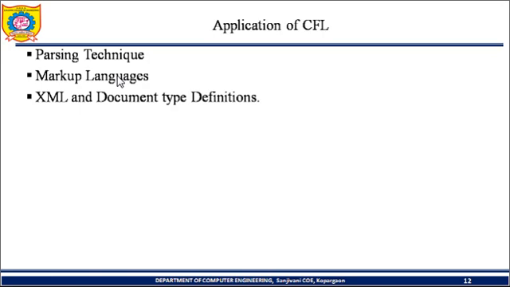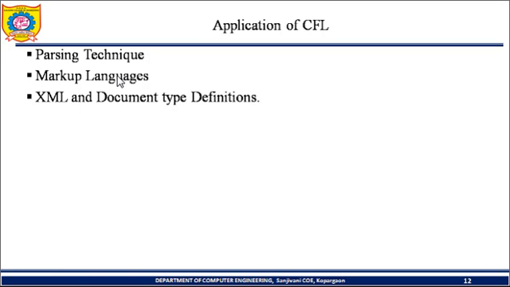In markup language, HTML, hypertext markup language, is one of the popular markup languages. The two main functions of this language are creating links between documents and describing the format of the document. So CFG is used to describe legal HTML documents and guide the processing of the document.